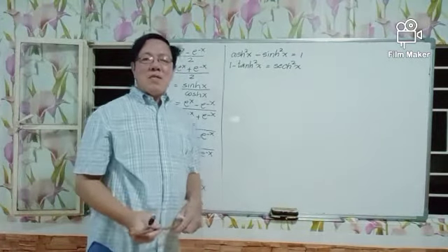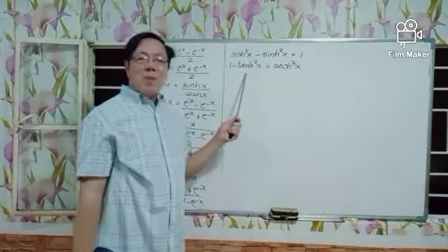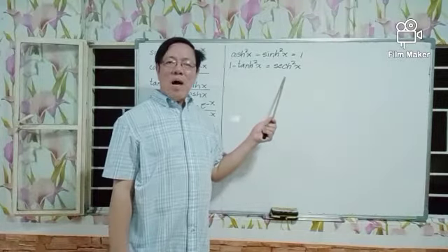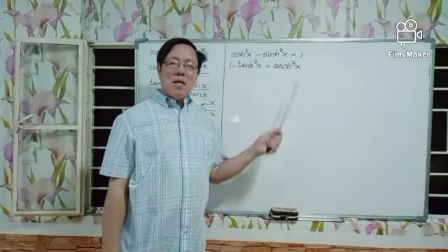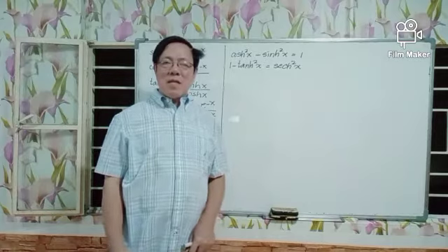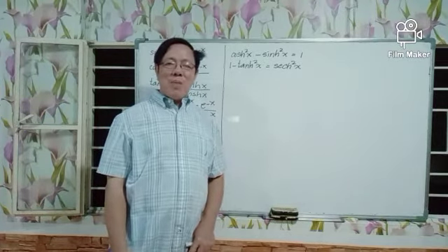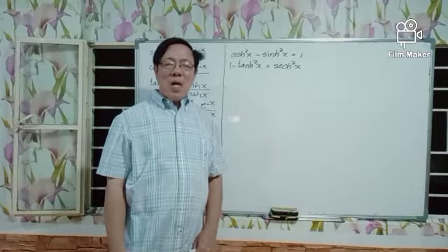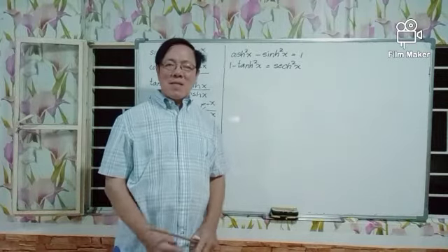And the difference between 1 and the square of hyperbolic tangent of x is equal to the square of the hyperbolic secant of x. And the next identity says that the square of the hyperbolic cotangent of x minus 1 is equal to the square of the hyperbolic cosecant of x.